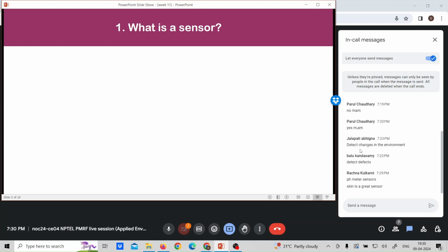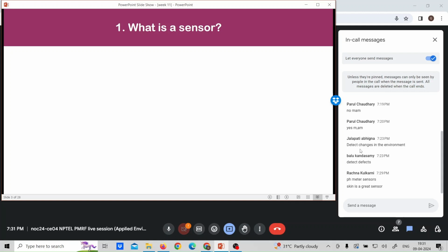So what do we do with our sensory organs? We just sense the difference in the light rays, the wavelength that's emitted, reflected or absorbed, all this plays a role. But at the end of the day, what we perceive is an image of what's in front of us. So the eye is one of the sensors. Skin is a very good sensor of temperature changes, right? We can sense when it is cold, we can sense when it is hot, and we respond accordingly.